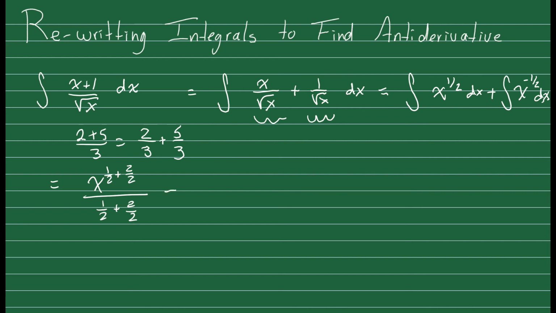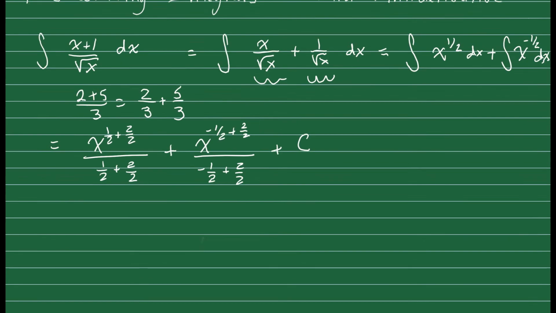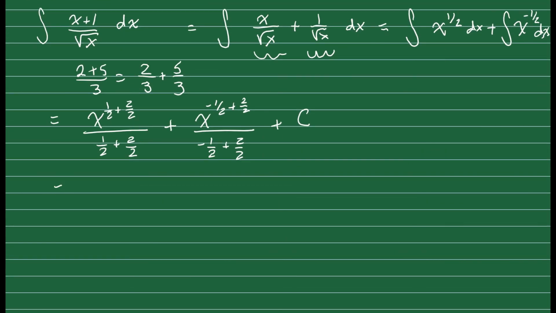Now we can add our c, our constant of integration. This is equal to x to the 3/2 over 3/2 plus x to the negative 1/2 plus 1, which is 1/2, over 1/2, plus c.